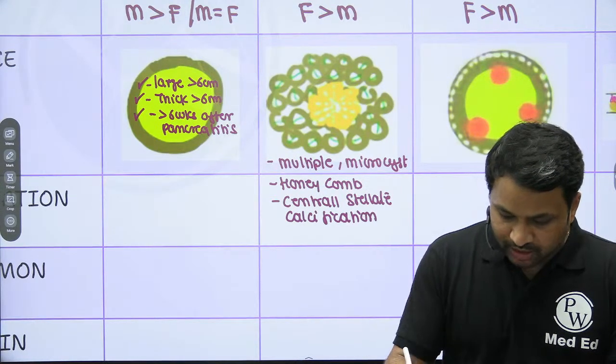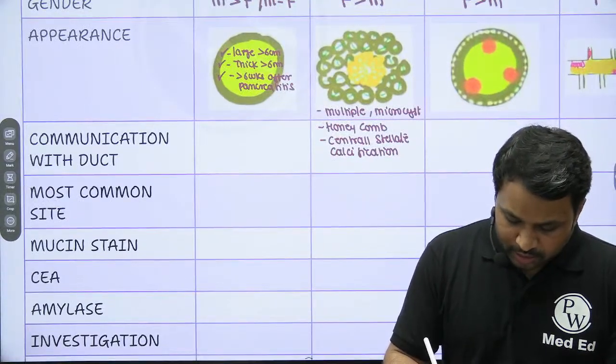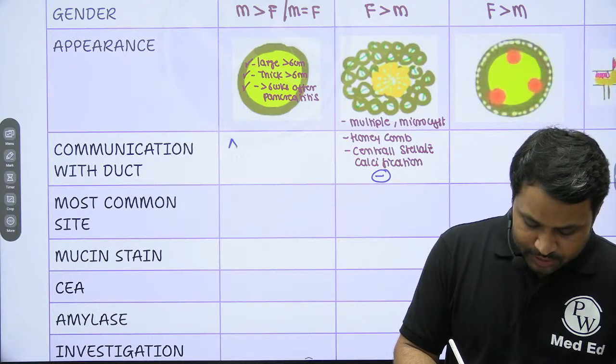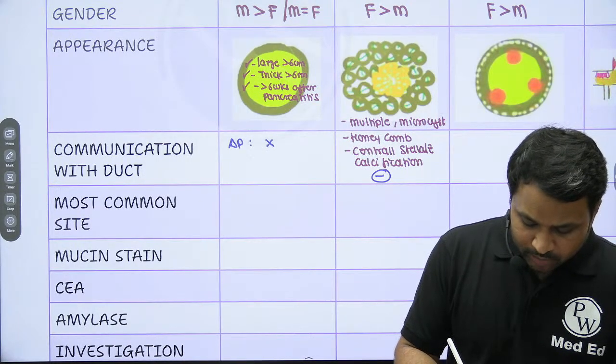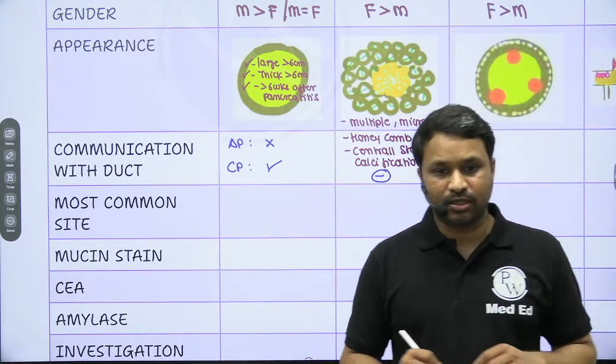And when you talk about the next column, the ductal communication, they do not have any ductal communication. Pseudocyst of the pancreas, if it is associated with acute pancreatitis, no ductal communication. If it is secondary to chronic pancreatitis, it can have a ductal communication.